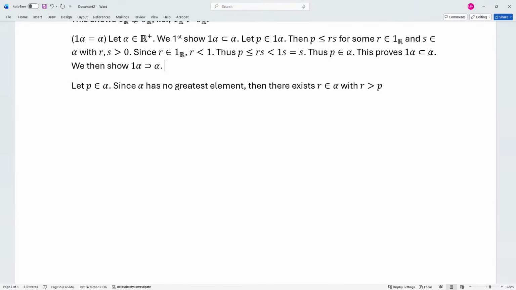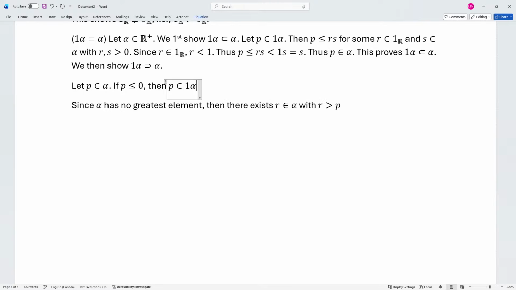So if P is less than or equal to 0, then P is in 1 times alpha. That should actually come after this sentence here.